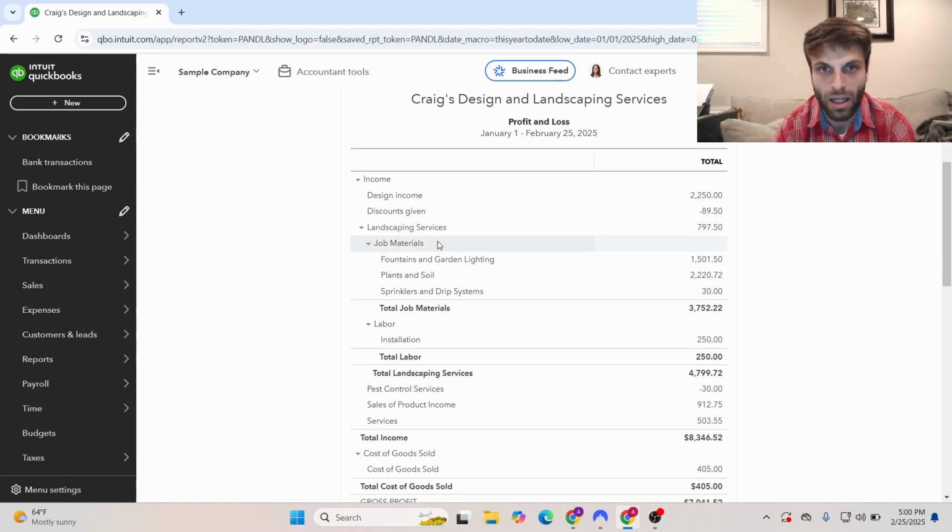And so the next part here is a little bit interesting. The sample company, I would have a little bit different categories for this part here. So we have landscaping services, and we also have job materials here. Now, job materials usually are things like tools that you would buy.